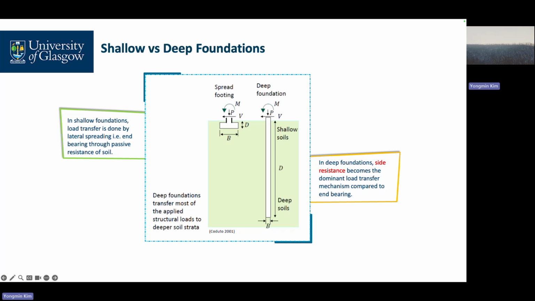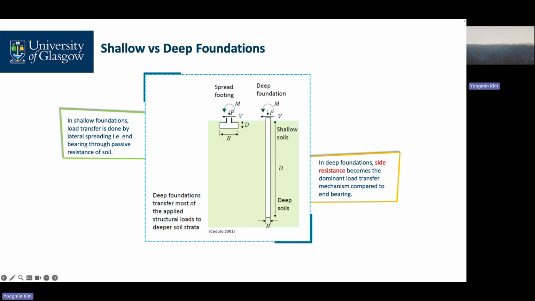What about borrowing this concept for our deep foundations? Same: cNc, qNq, the 0.5 half effect, and gamma B N gamma. I don't know the values of Nc, Nq and N gamma; just read them off your graph or obtain them from the tables, already given values.